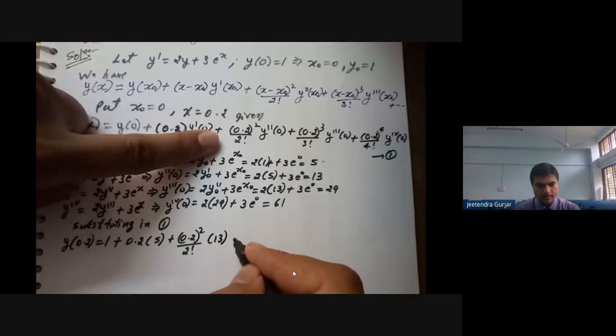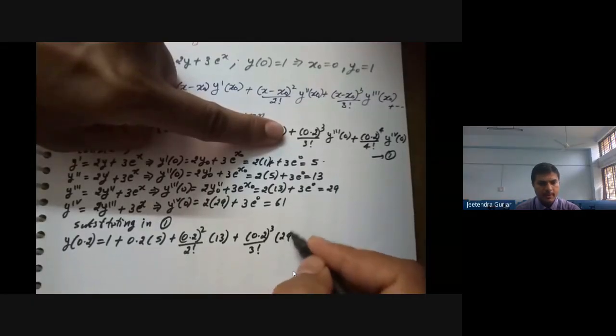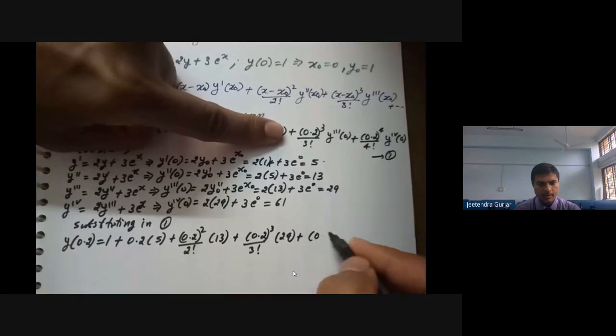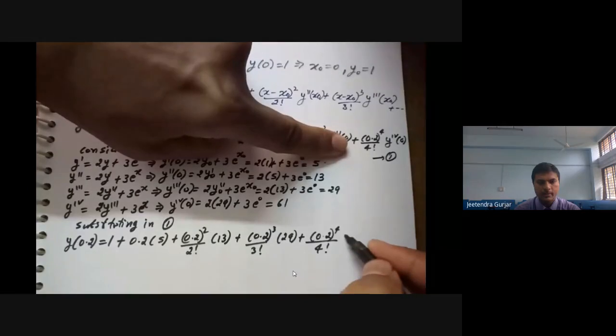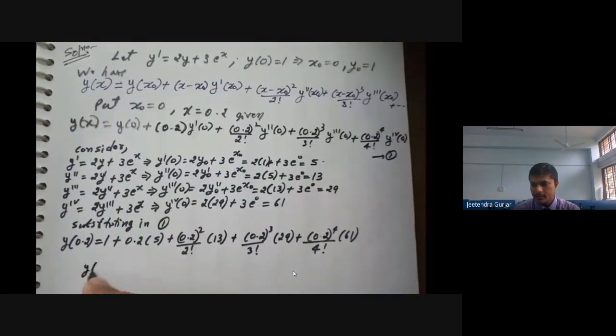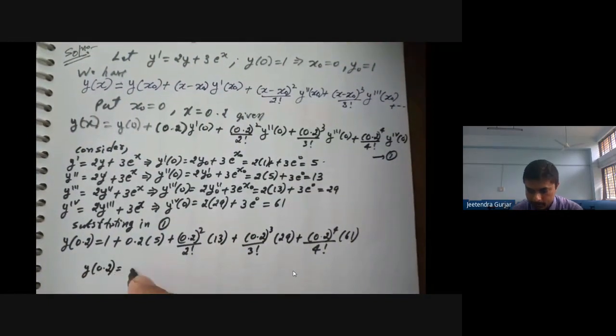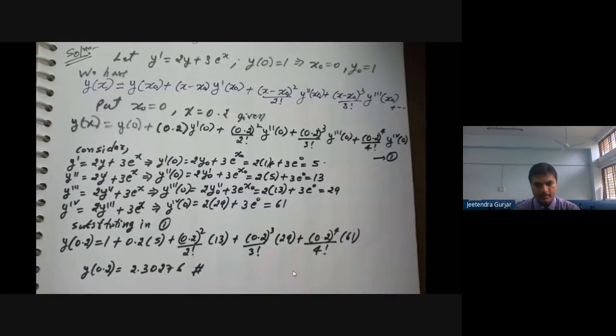Next plus 0.2 cube divided by 3 factorial, and y''' is 29, plus 0.2 raised to 4 upon 4 factorial, and it is 61. Substitute in the calculator, you are going to get the value y of 0.2. So it is 2.30276. So this is what we get as the accurate answer.